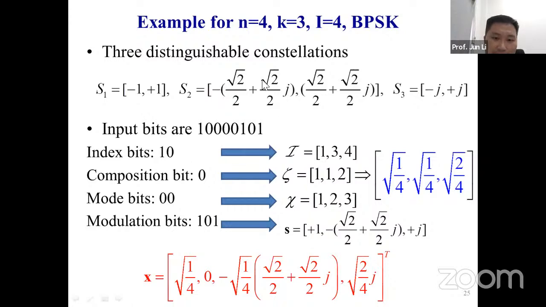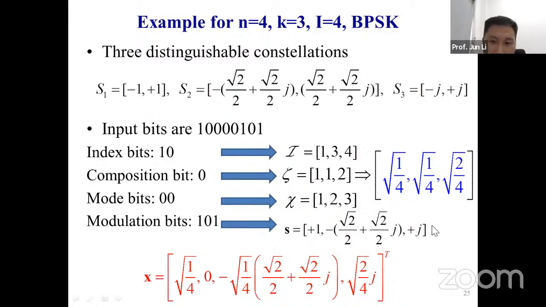The 0 means the first one. So we just write here the minus 2/√2 plus 2/√2 j, right? The first one is here. 0 means the first one. The 1 means the second one. So similarly, the last bit 1 means the second symbol from the S3. So it's plus j here, right? This is plus j.